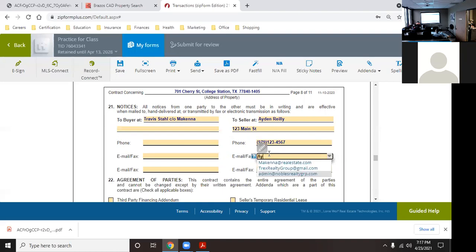And Aiden at mymail.com. That is his email address. So Aiden puts in his information here because he doesn't know what he's doing. This would usually be blank if I'm sending it over because I don't know this information. Aiden would fill this out when he sends it back. Sometimes they fill all of this out, and sometimes they leave it blank.